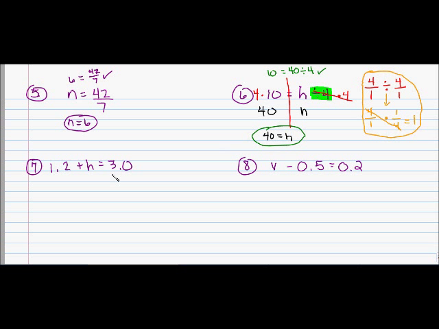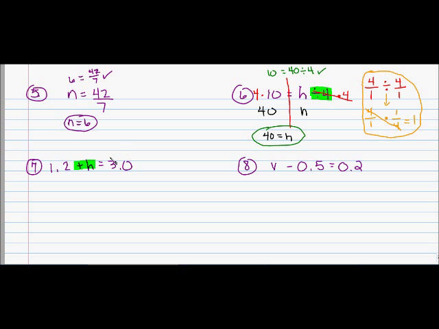Oh my gosh. There's decimals. I can't do this without decimals. Yes, you can. Same exact steps. Exactly. I find my variable. I'm going to highlight my variable. It's a plus h. Once again, we're not given a number, but we're not worried about that because we know our opposites.